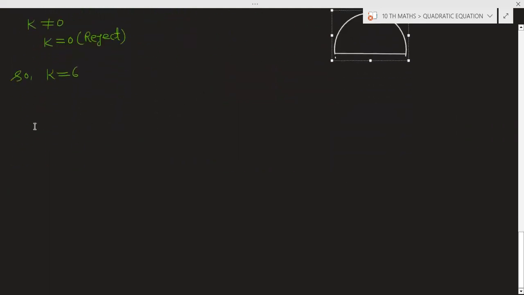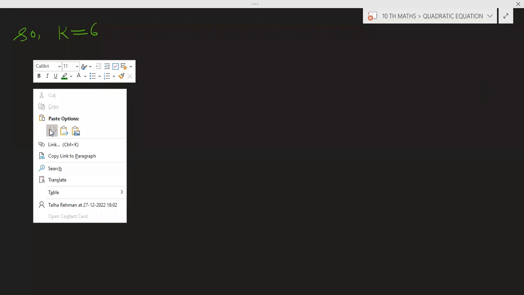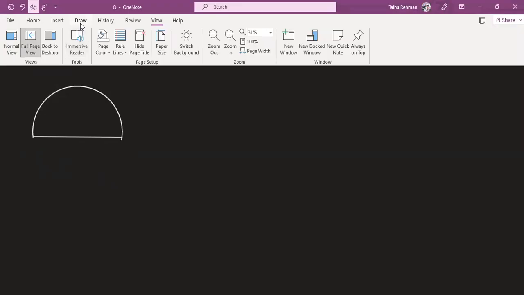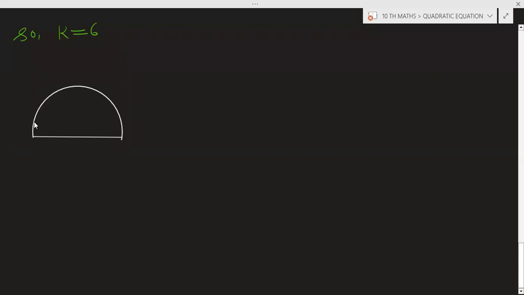Yes, sir. Okay. So there is one property of semicircle. Semi means half of the circle. If you are taking any point on the circumference, means this boundary, this is known as the circumference of the circle, the circular boundary.